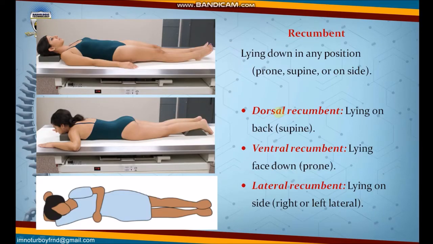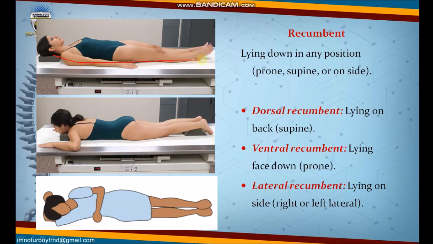Next, we have the recumbent position. So the recumbent position, as mentioned earlier, is basically lying down in any position. It could be prone, supine, and then not mentioned earlier is the lateral recumbent or lateral position of lying down. So dorsal recumbent, basically the patient is lying on her back.